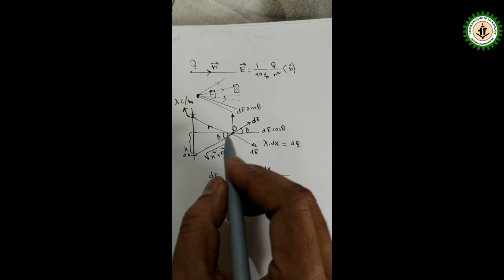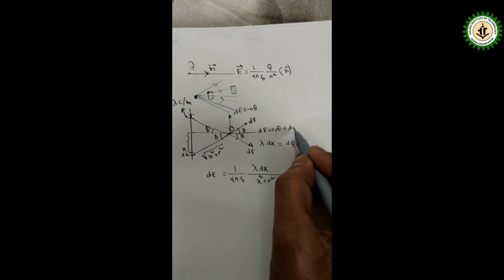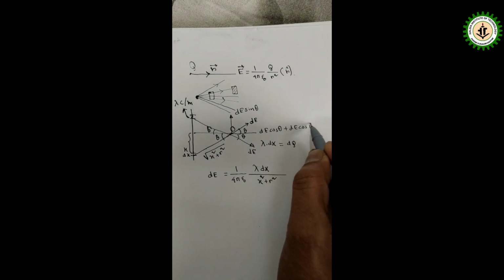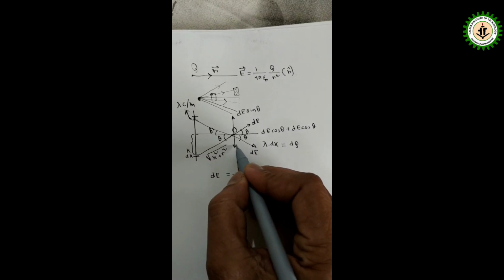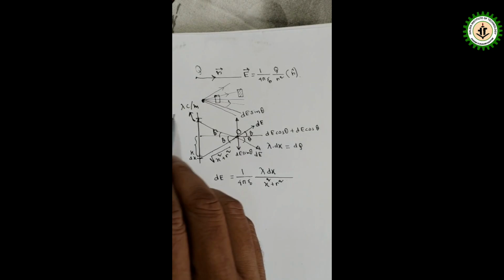Similarly, if I split this component also, this is theta, this is theta, so this component is dE cos theta, and this component is dE sin theta. If I add up these two parts, all the sine components are cancelled and the only remaining component is dE cos theta.